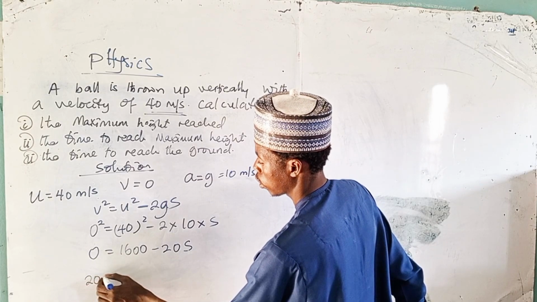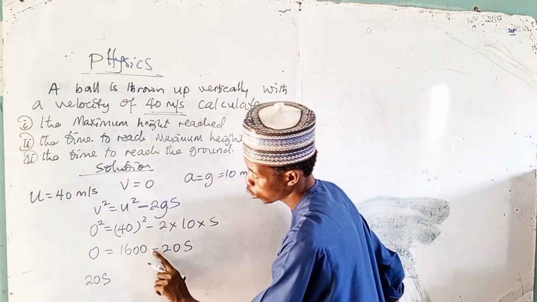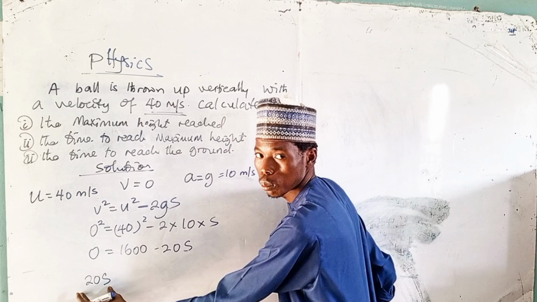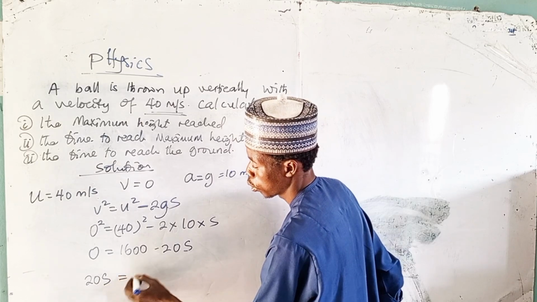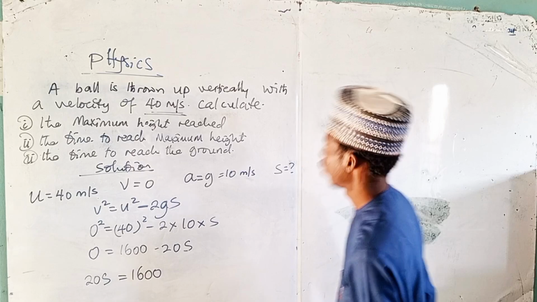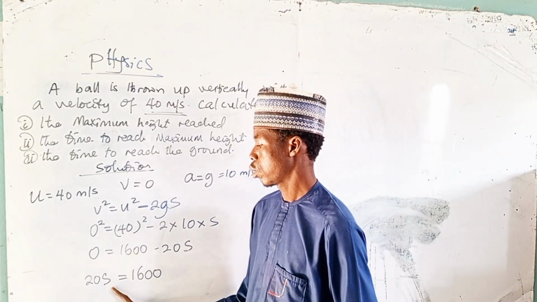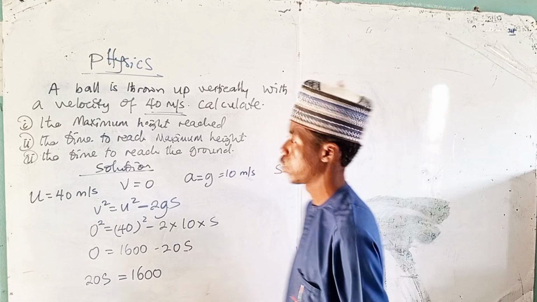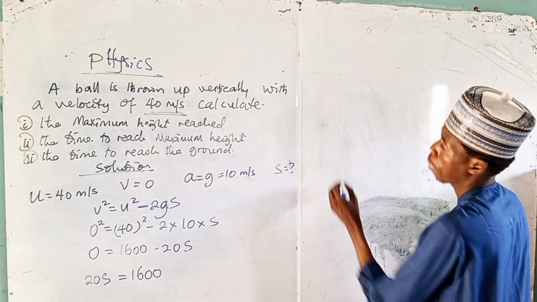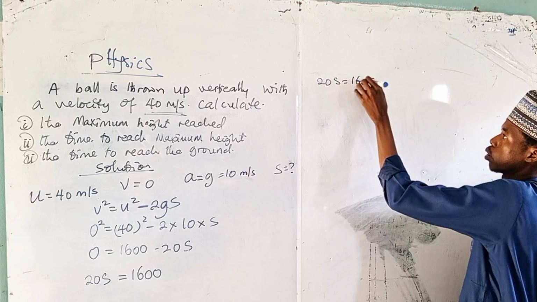20s, since it has a negative sign, when it crosses the equality sign it will become positive, now equals 1600. So let's divide both sides by the coefficient of s to cancel this 20. 20s equals 1600.